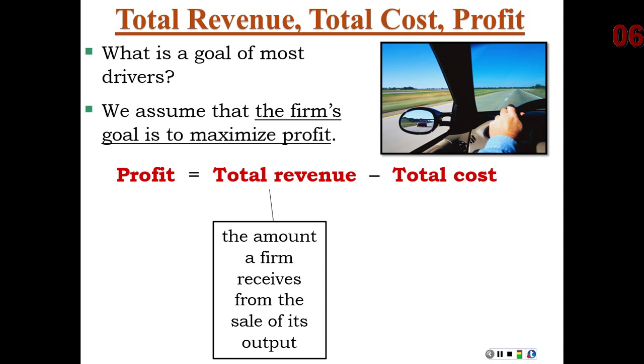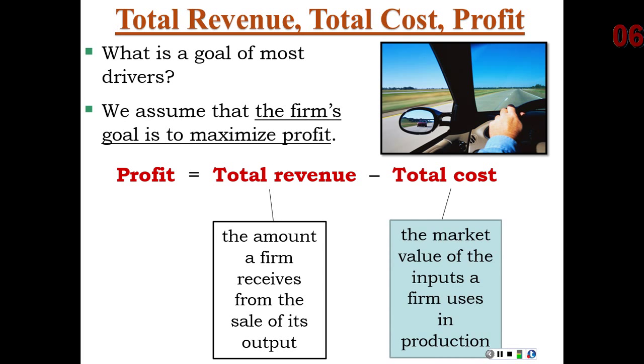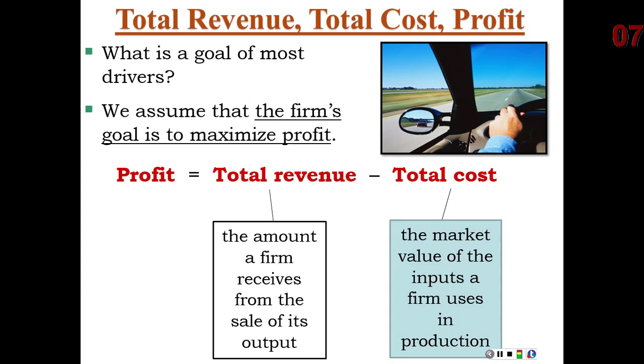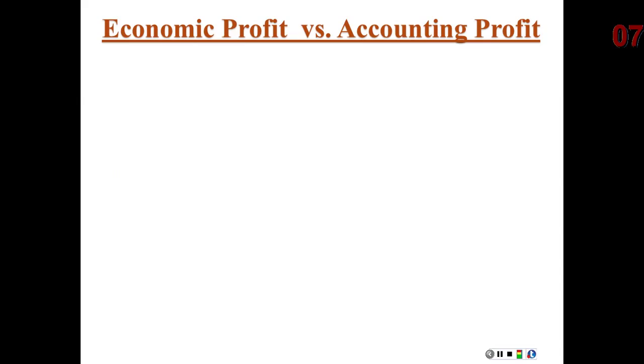I would then have to subtract my total cost, the market value of inputs used. So, maybe all of my costs for the ice cream and labor and so on and so forth is $300. Well, then my total revenue, $400 minus my total cost of $300 would leave me with a profit of $100, right?